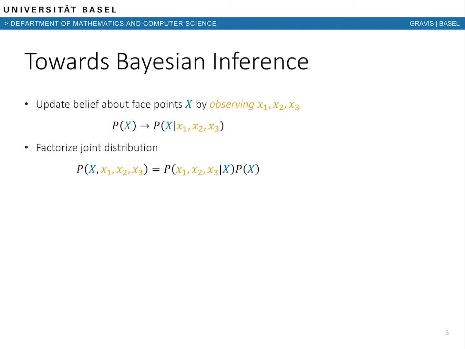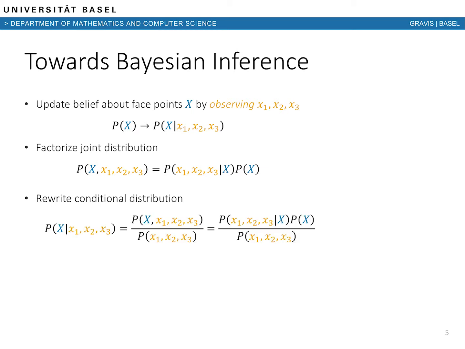Now, using this factorization, we can rewrite the conditional distribution used above. So given our posterior belief, which we calculated like this so far, joint divided by the evaluated marginal, we can now replace the joint by our factorization.